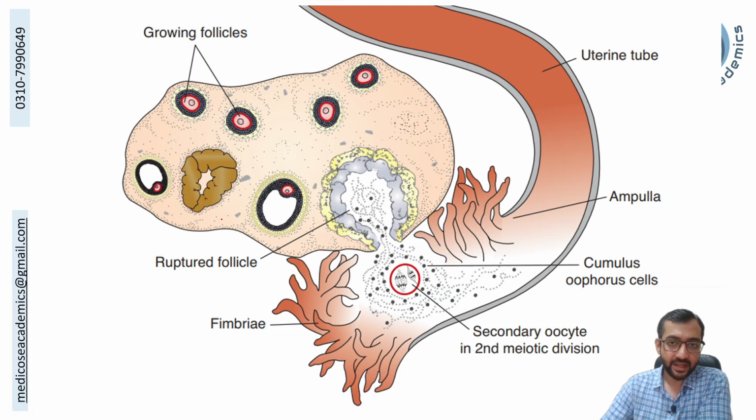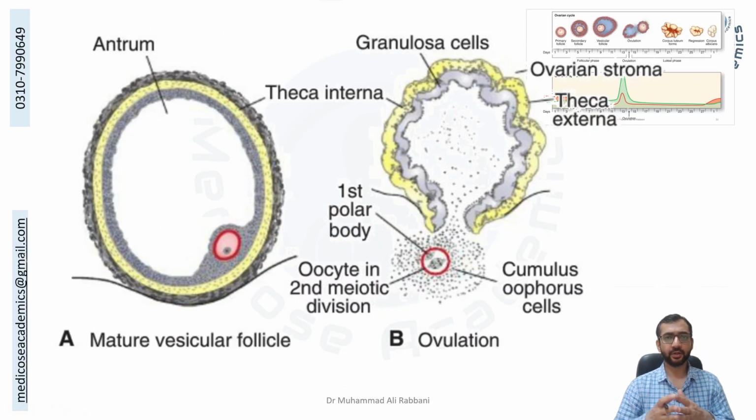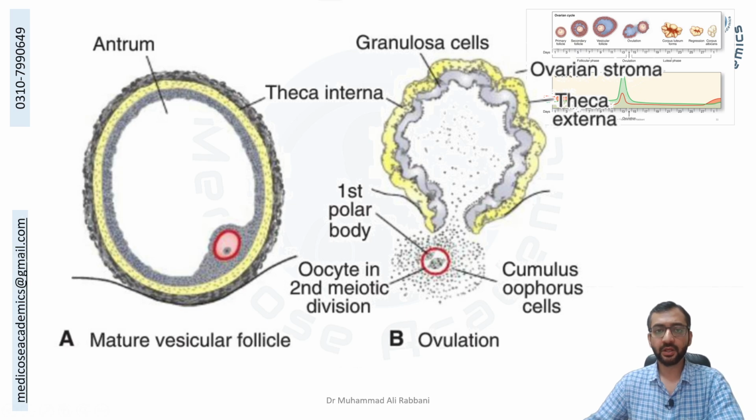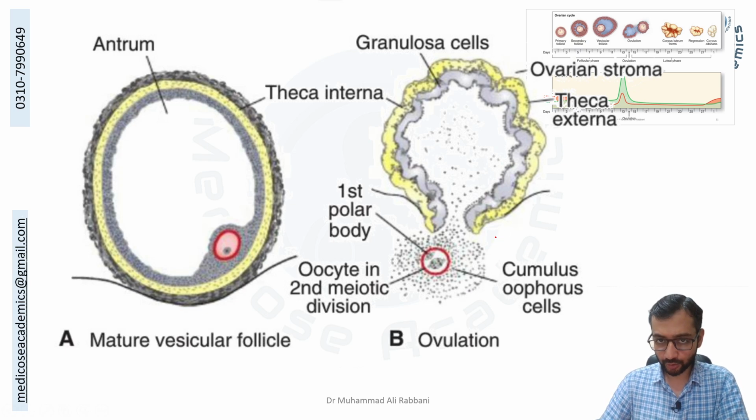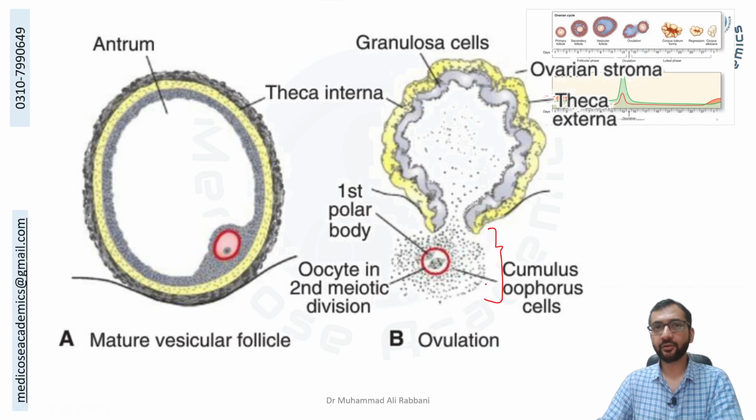The follicle that is left behind is now called the corpus luteum. Again, these are all pictures from Langman's embryology, and you have to memorize this particular step. What is present in the ovulated product?